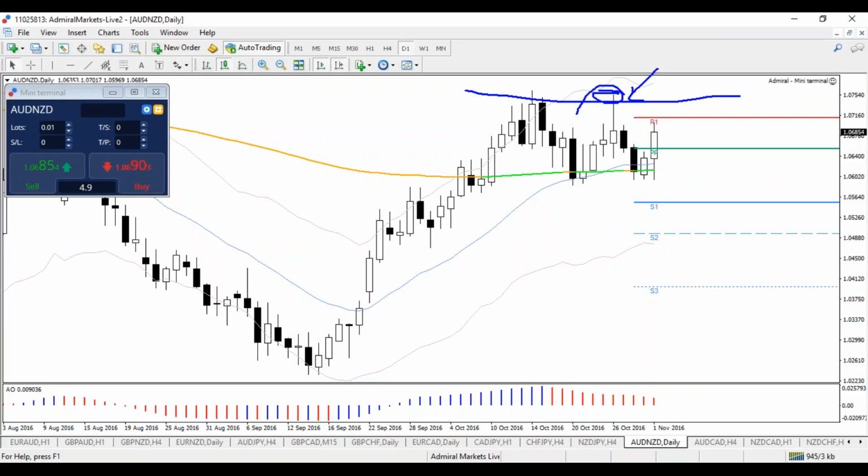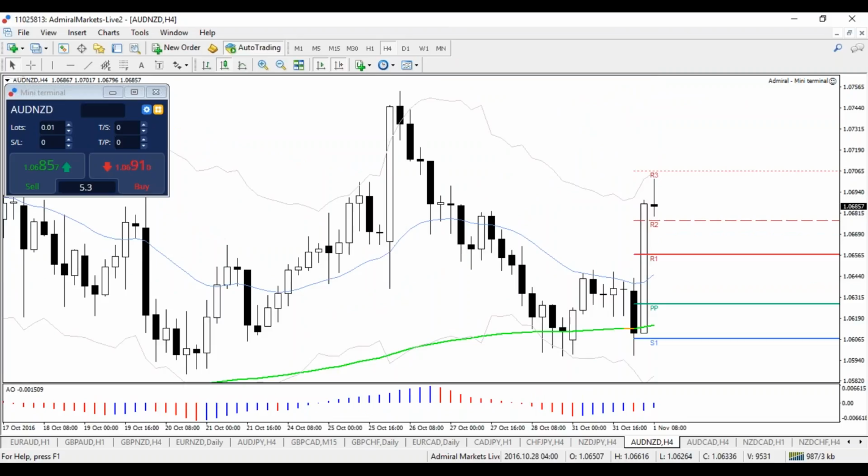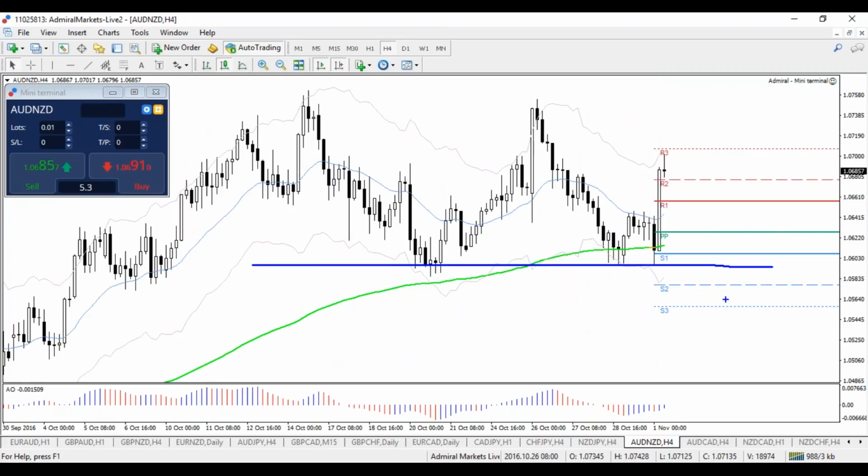We got the bounce. We got the wick here at the end of that Wednesday, when the daily candle closed. Then we had a small pullback right down, basically to support. So USD was in a bouncing spot, and so was Aussie New Zealand.